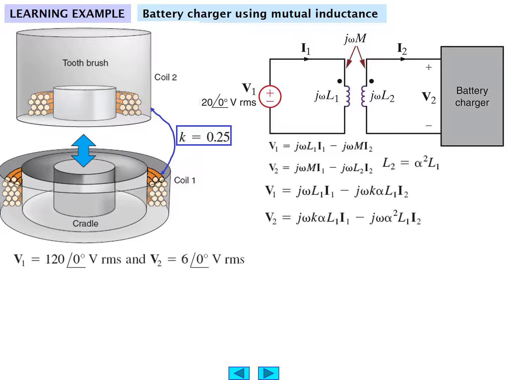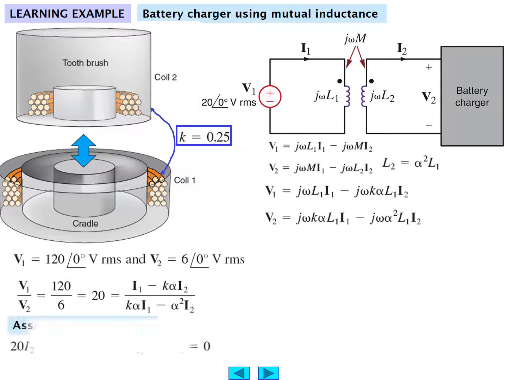V1 then is 120 volts RMS, and V2 is supposed to be on the order of 6 volts RMS. We can form ratios, if you will. 120 over 6 is 20, and we can set them equal to the ratios of V1 and V2 using our coupling factor k and our efficiency alpha.